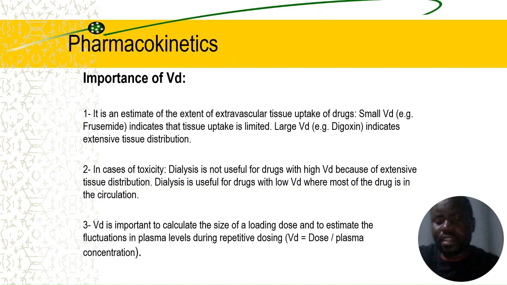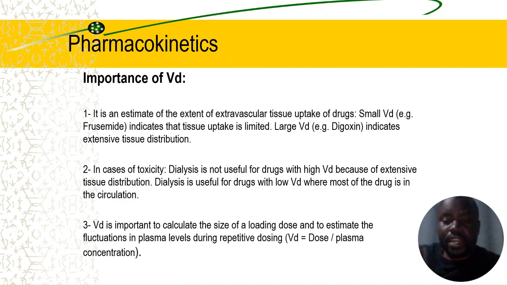How do you determine that? One of the ways is just to use the relationship between volume of distribution and plasma concentration. If we say volume of distribution is dose divided by plasma concentration, then the dose needed to start the treatment will be the volume of distribution, which is a profile of the drug, multiplied by the target concentration you want to achieve, and then you get your loading dose.